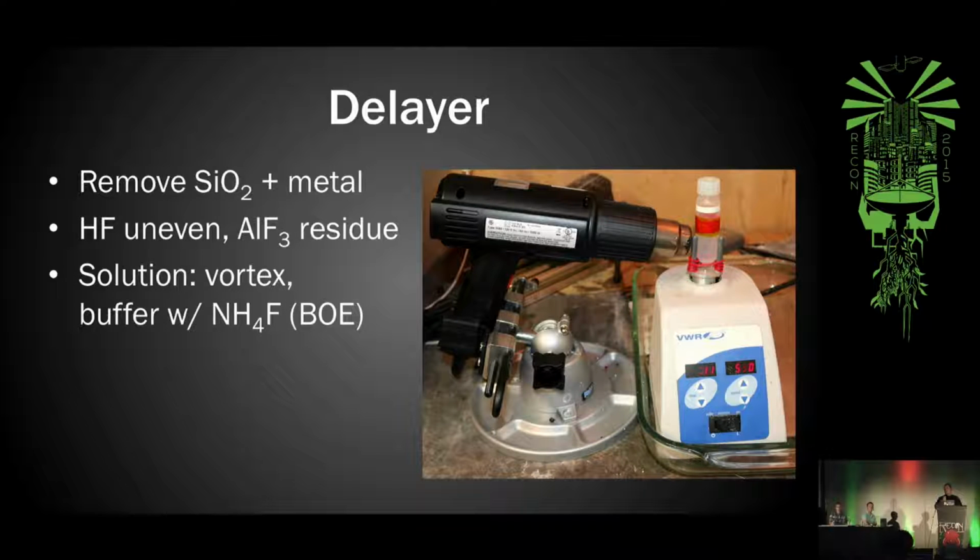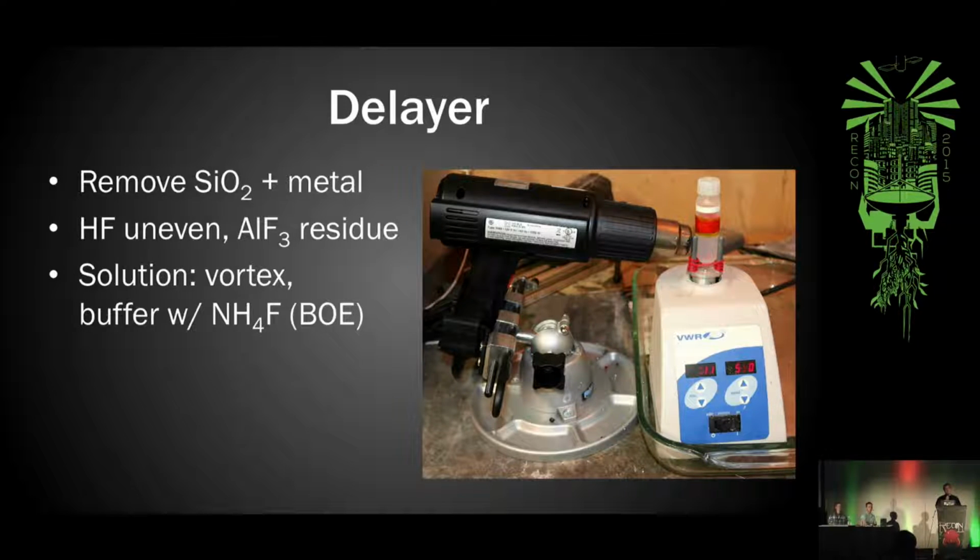Unfortunately, this had a few big problems. The first is that it's somewhat uneven, which I'll talk about later, and causes some real problems. And the second is that it leaves this aluminum fluoride residue. And that's going to deposit some gunk on the die that's going to cause some other later problems. After a little bit of researching, looking through some failure analysis books, the general recommendation is to use so-called buffered oxide etch.